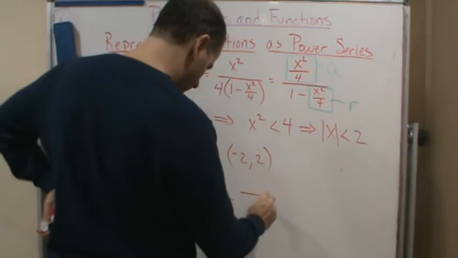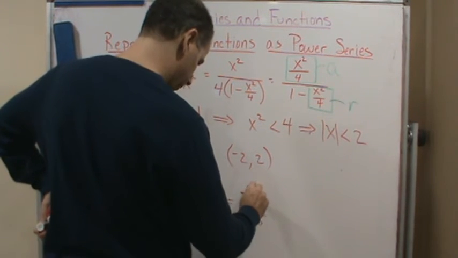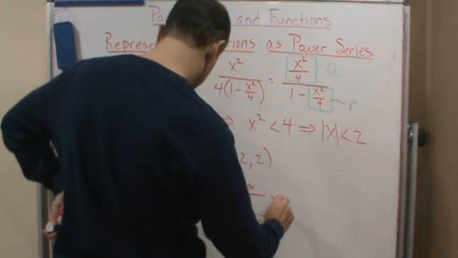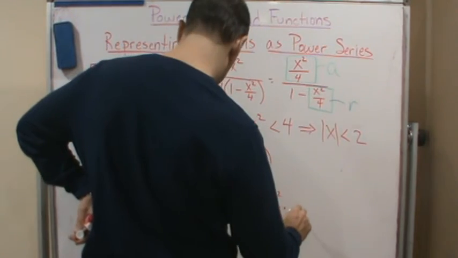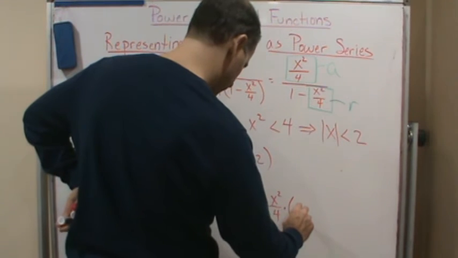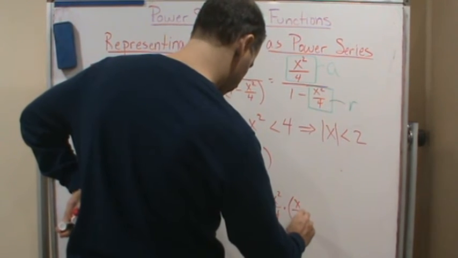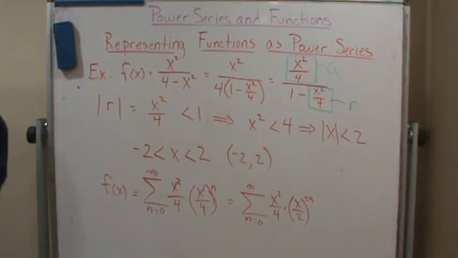This would be equal to the summation from n equals 0 to infinity of x squared over 4 times, now let's write this as 2 squared, so this would be x over 2 to the 2n. And that's the way we would leave it. Now this converges for all values of x between negative 2 and 2.